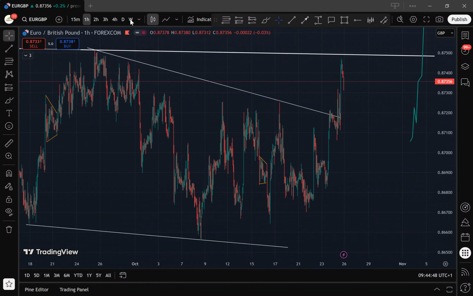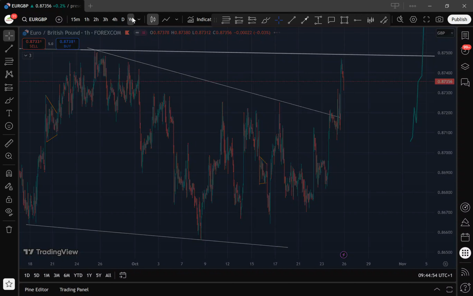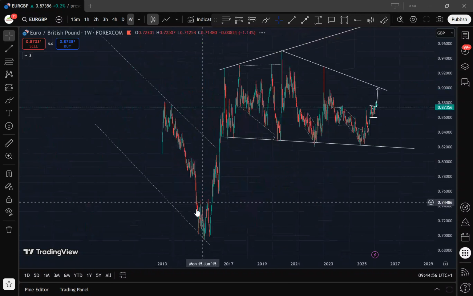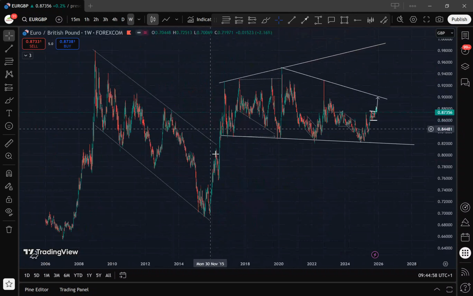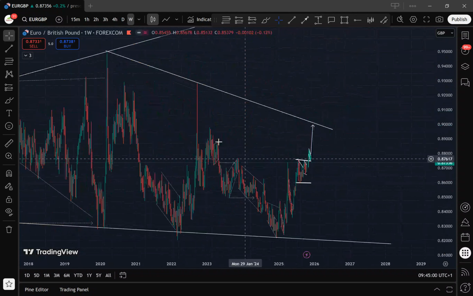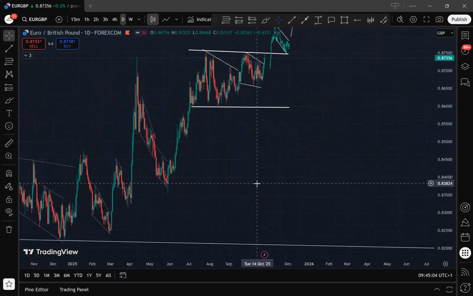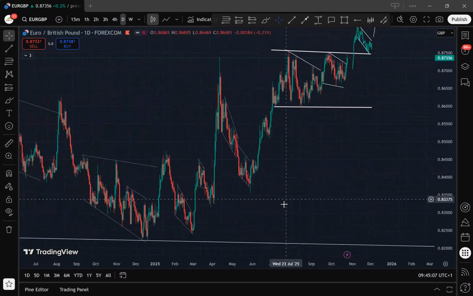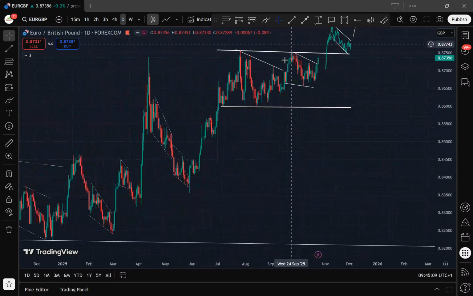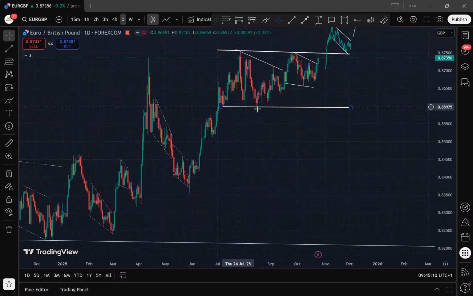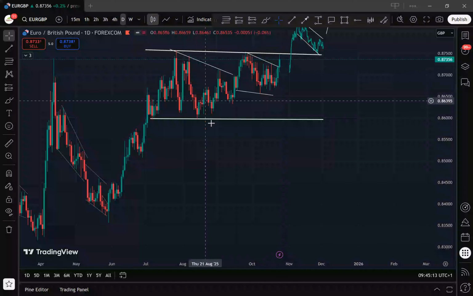Yeah, we talked about EURGBP as well last week. On the weekly time frame, as you can see, we have this bullish impulse, bullish continuation structure, a long-term setup. But on the daily time frame right now, right here, we have this bullish impulse, and we have these two swing highs, two swing lows. So this is shaping up like a continuation structure.